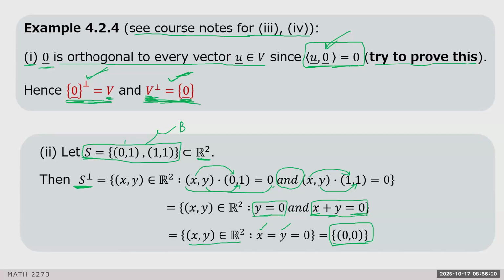So if you take a basis as a set, and you're looking for every vector in R squared, or in Rn, or any space, that is perpendicular to everything in a basis, do you always get the 0 vector? So again, something to sit and think about.